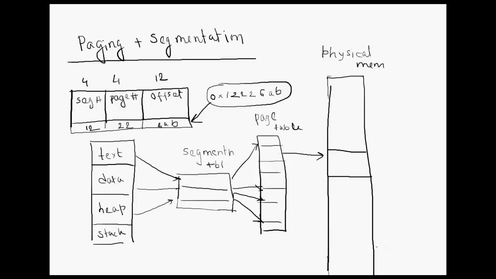So from the 12-bit offset, we can tell that the page size is 2 to the power 12, so that means it is 4 KB page size.